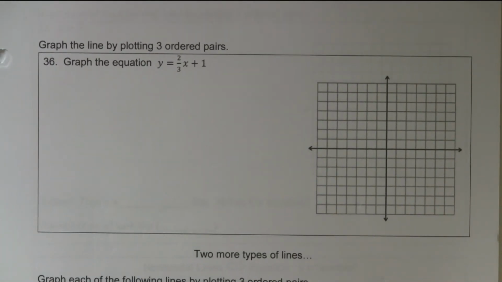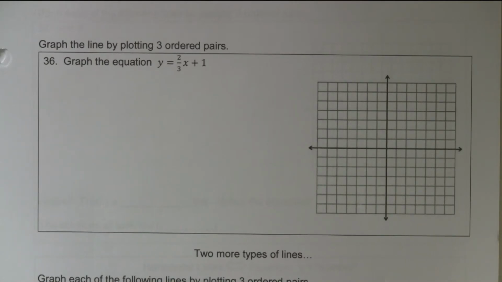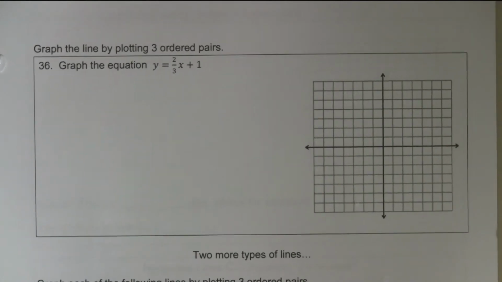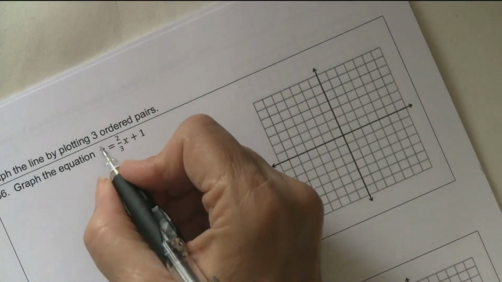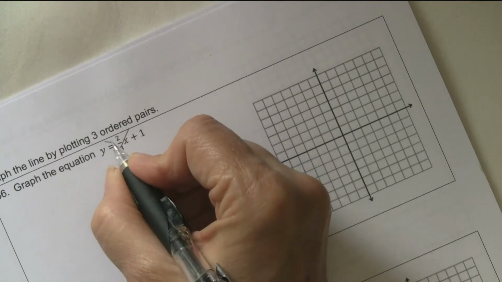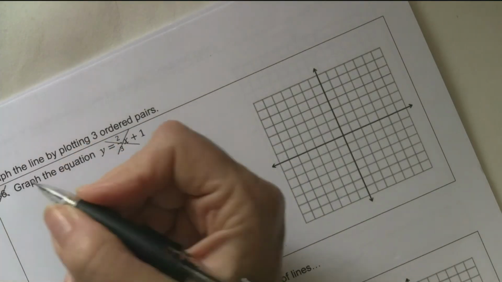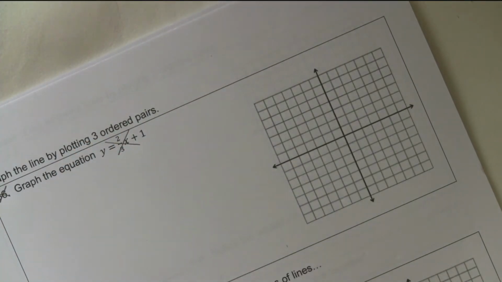Graph the line by plotting 3 ordered pairs. Is that the same line? Oh. That's the same line. Well, that doesn't seem very exciting. So I'm going to cross that one out. Cross that out too. How did that happen?